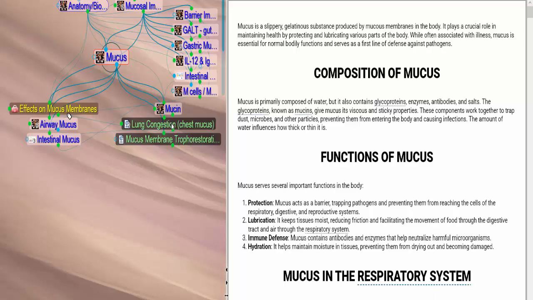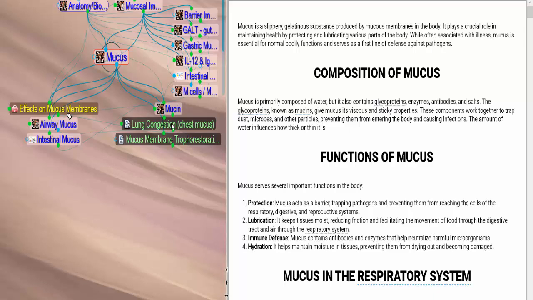The glycoproteins are the mucins, and those give mucus its viscous and sticky properties. All these components work together to trap dust, microbes, and other particles, preventing them from entering the body and causing infections. The amount of water influences how thick or thin it is.